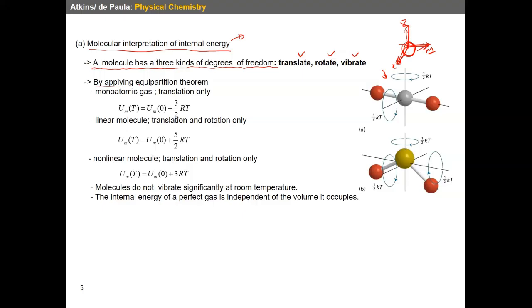By applying the equipartition theorem, if there is some energy and there are three axes, then the energy will be divided by three, and the same amount of energy will be applied to each single direction. This is just the basics.